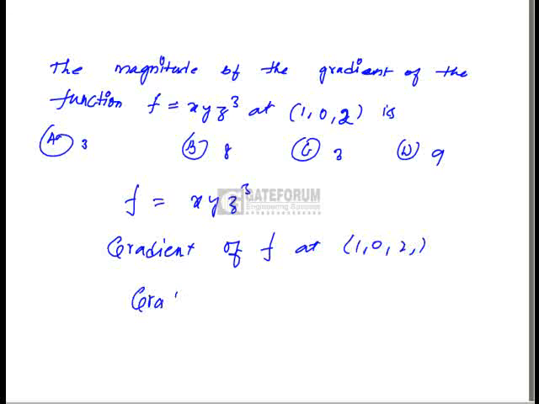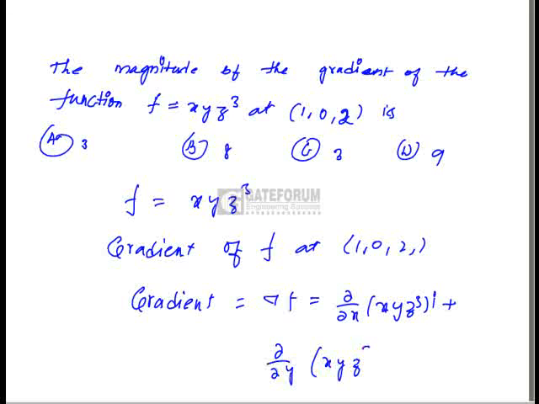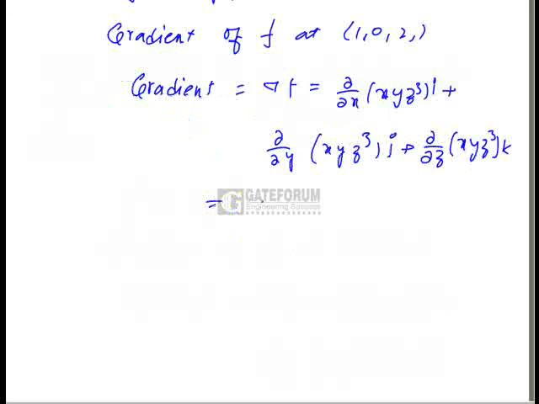The gradient is nothing but del f, which is dou by dou x of xyz cube into i, plus dou by dou y of xyz cube into j, plus dou by dou z of xyz cube into k, which is yz cube into i plus xz cube into j plus 3z square xy into k.